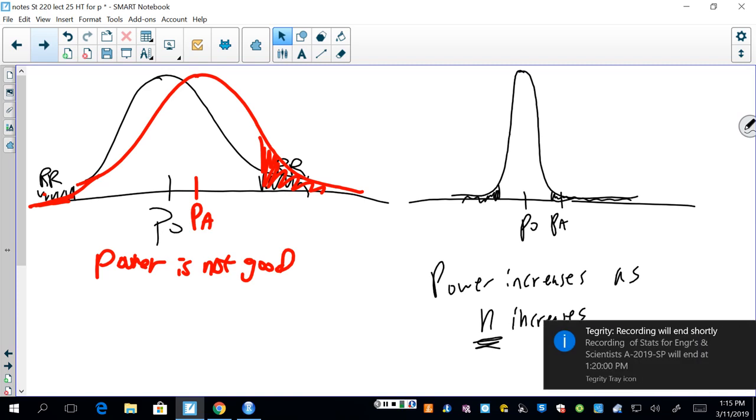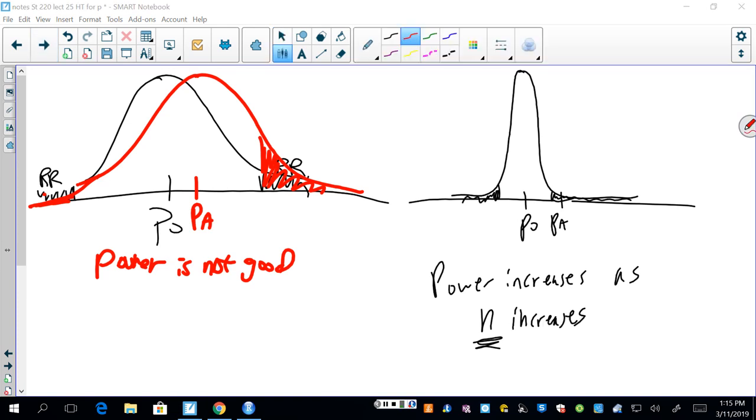The p-hat doesn't actually have to be so far away to reject. Then the pA distribution, it's narrow like that too, and you're going to have a pretty big probability under that curve with a bigger sample size.